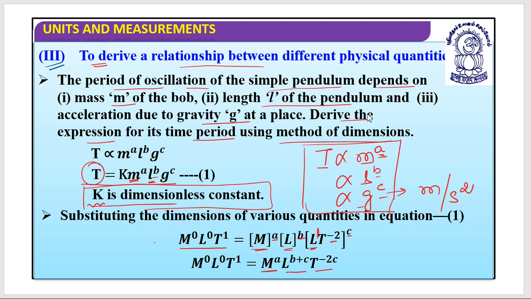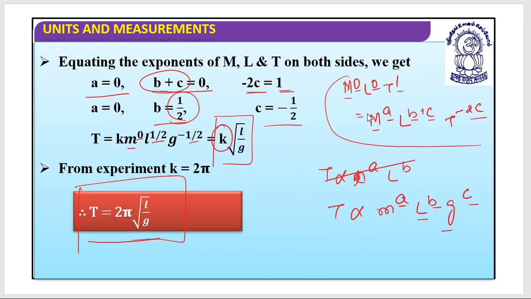Next I will just equate the same bases, and at last I will compare the powers of the same quantity. So I can compare the powers of m, of l, and of time, and I hope these things are clear.